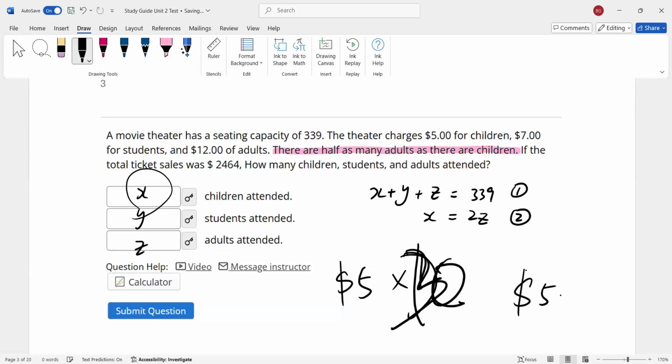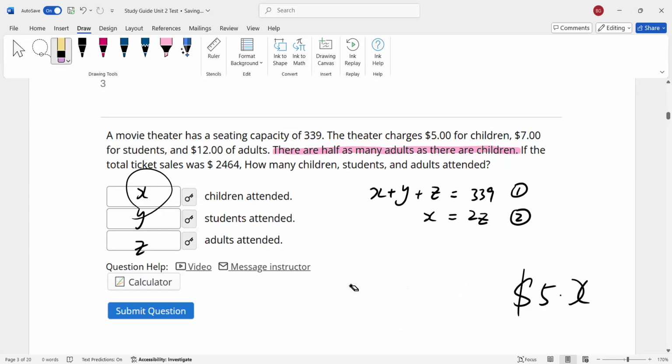So $5 times x, we have 5x. 5x would represent the revenue from charging the children who attended the theater. Same idea. They charge $7 for students. So 7y would represent the revenue the theater collected from the students who attended. And similarly, they charge adults $12. So 12z.